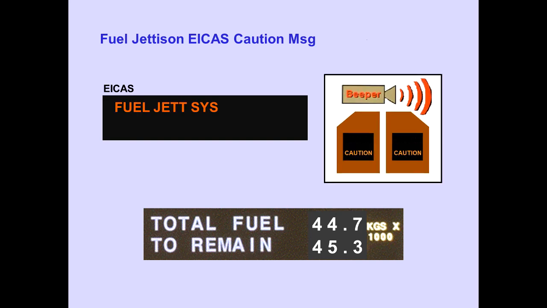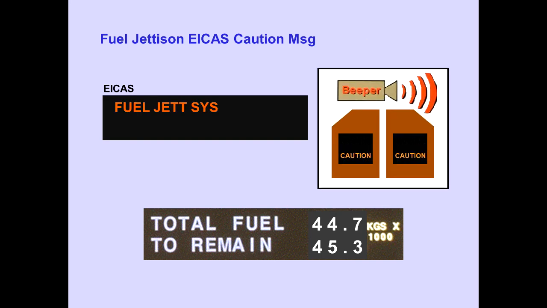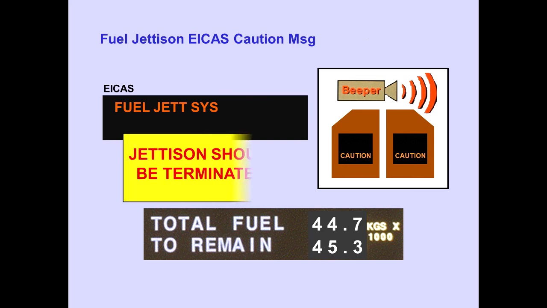The ICAS caution message, Fuel Jettison System, is displayed when total fuel is less than fuel to remain, or if the second jettison controller fails. Jettison should be terminated.